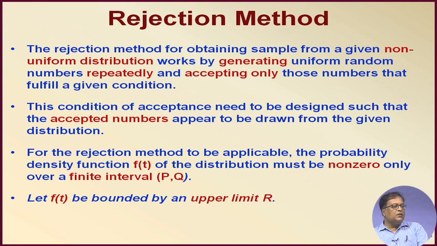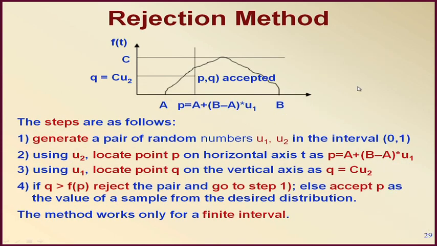For the rejection method to be applicable, the probability density function of the distribution must be non-zero only over a finite interval p to q. Let f(t) be bounded by an upper limit r. So, here is the diagram. This is the function.